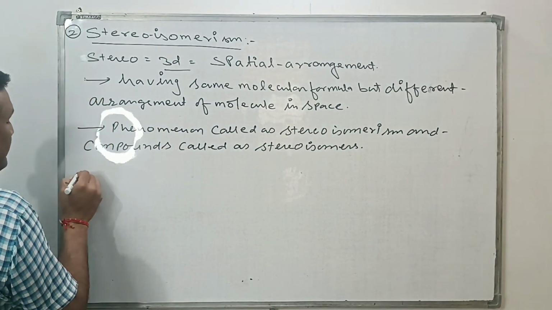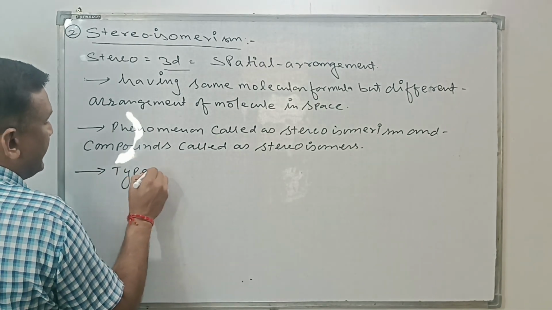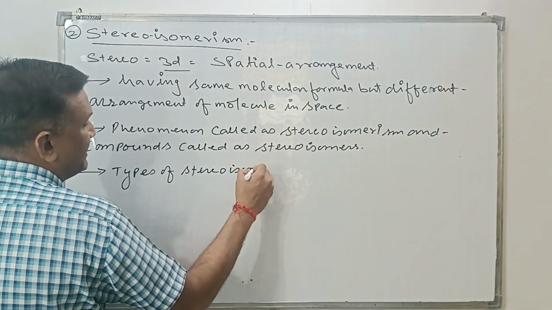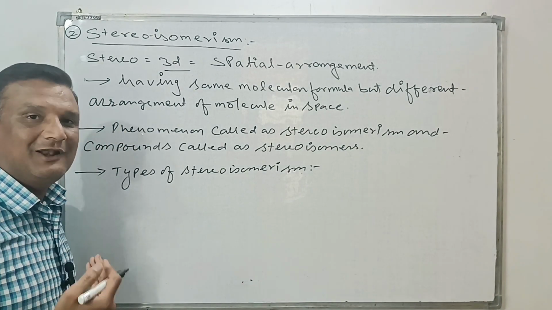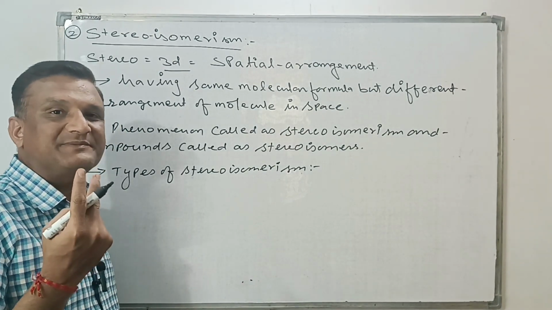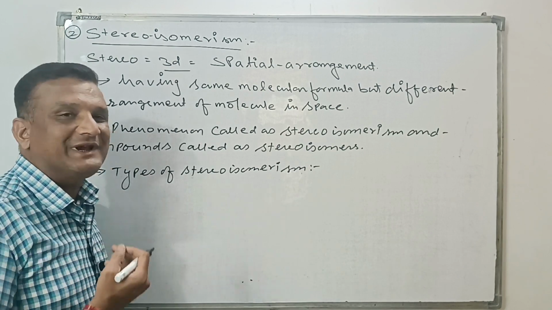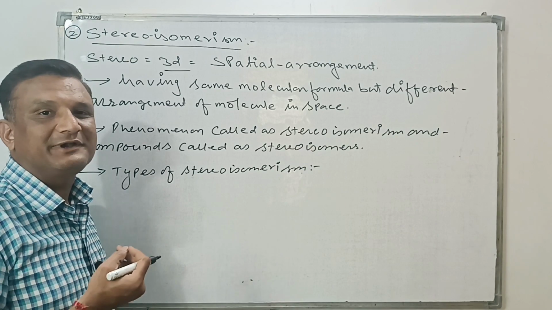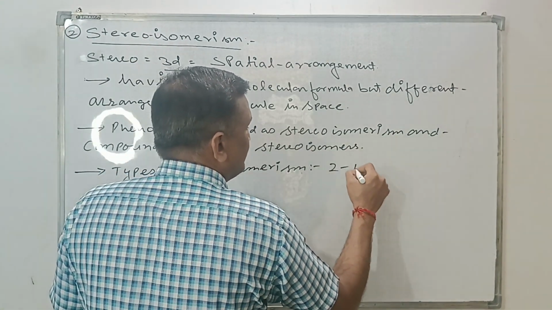If we go with the types of stereoisomerism, then just as in organic chemistry, where there are two types, geometrical isomerism and optical isomerism, similarly here there will be two types of stereoisomerism.